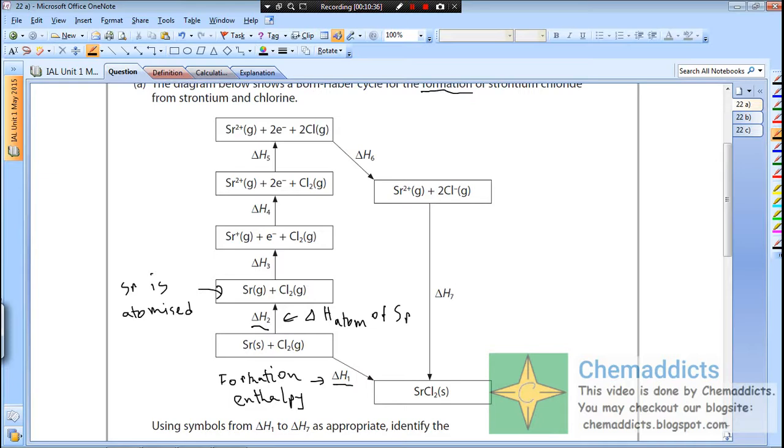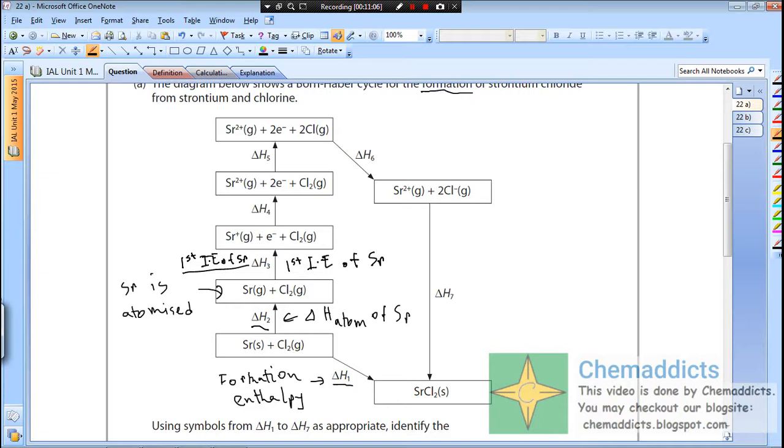That's because strontium has lost one electron over here. So this is the first ionization of strontium. Okay, so del H3 is the first ionization of strontium.